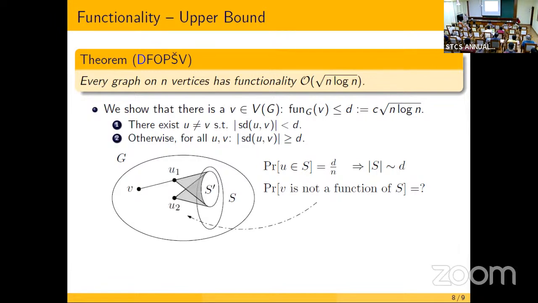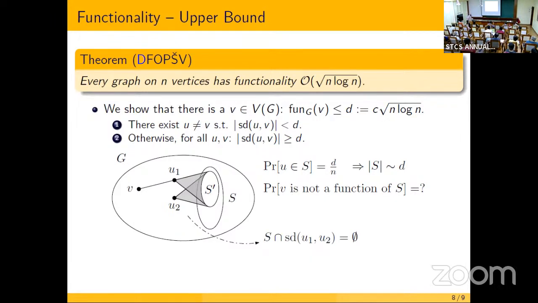And why is this true? Suppose v is not a function of S. Again, it means there are two vertices u1, u2 such that u1 is connected to v, u2 is not connected to v, but the neighborhood of these vertices in S is the same.